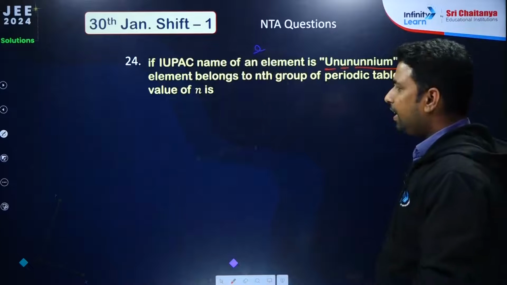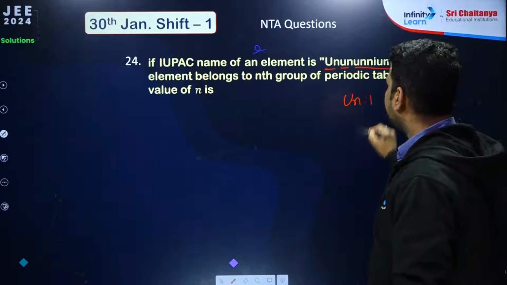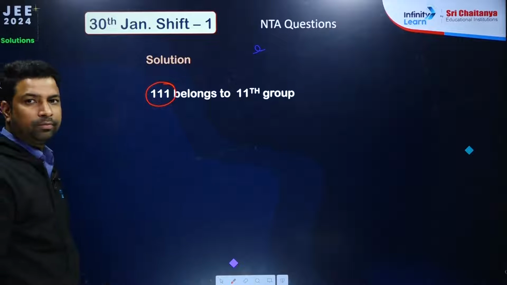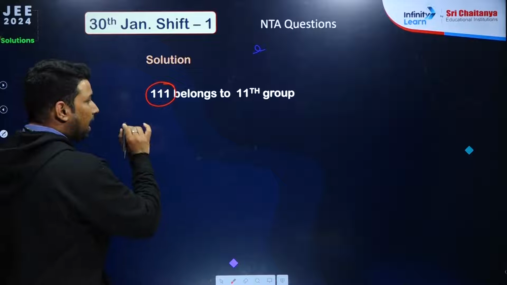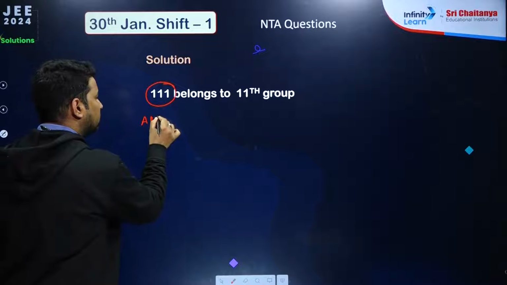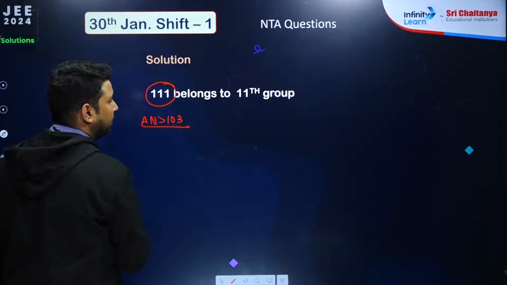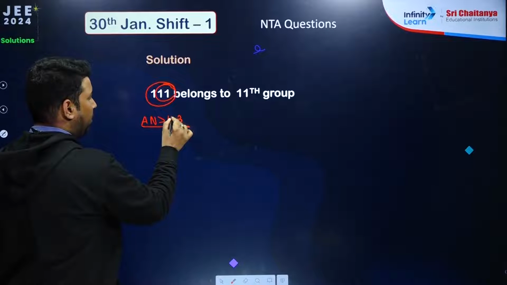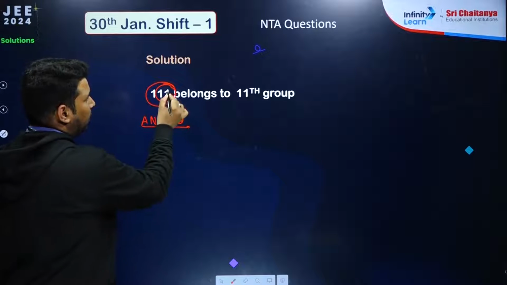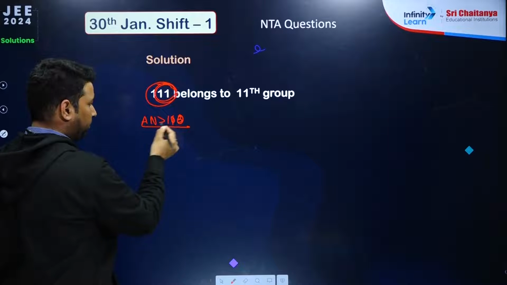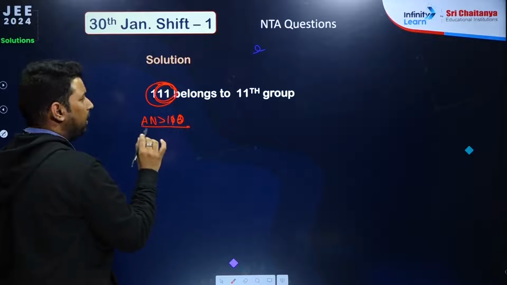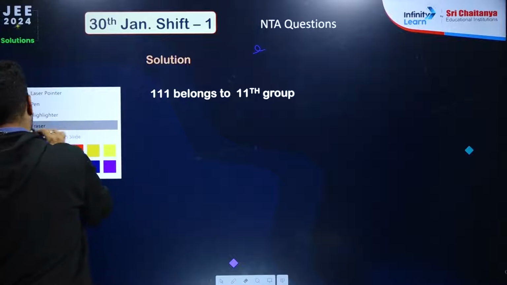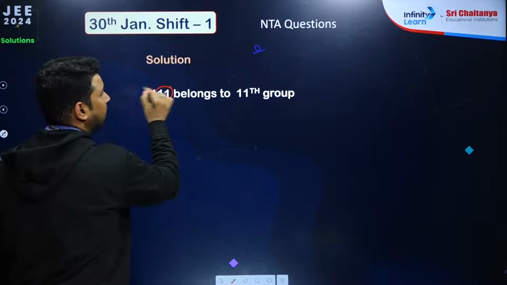IUPAC name of unnilunium. Un stands for 1. So answer will be 111. Atomic number will be 111. If atomic number is greater than 103, remember, then the last 2 digits, generally it is true for 103, but I will suggest the shortcut for this question is the last 2 digits will be the group number.